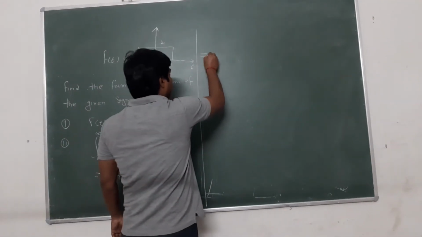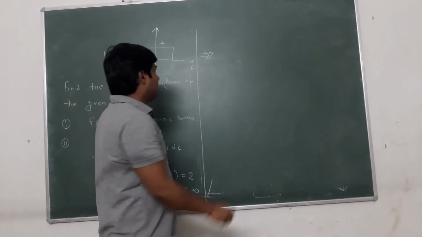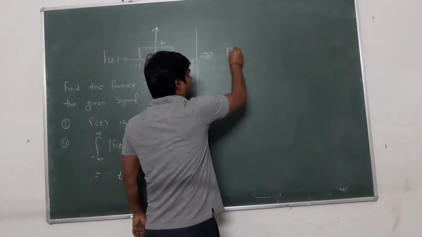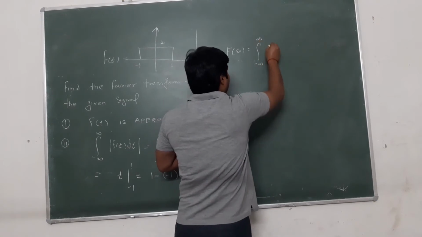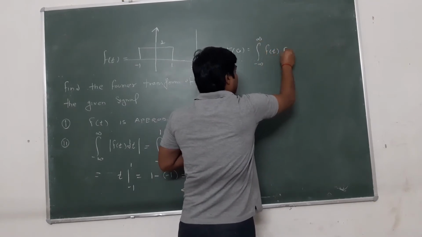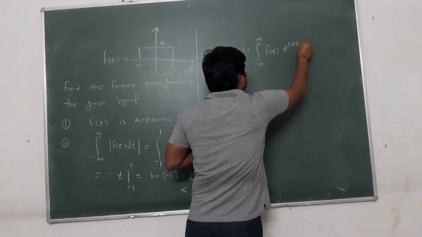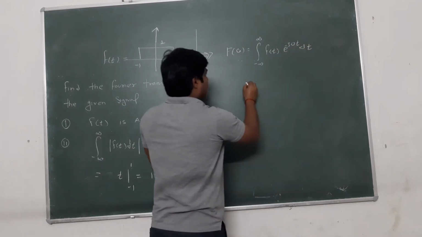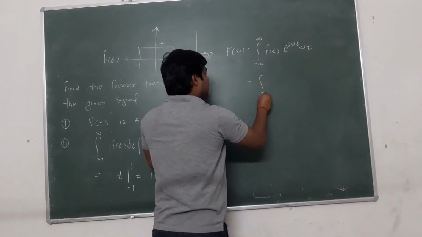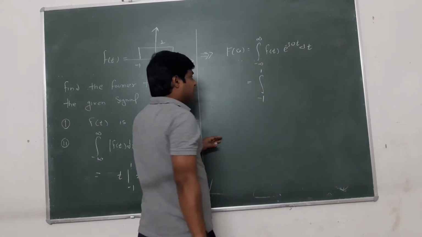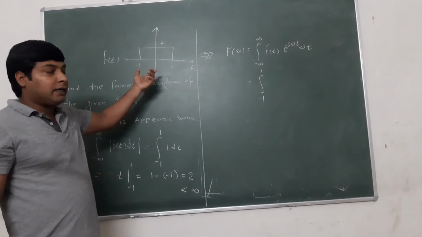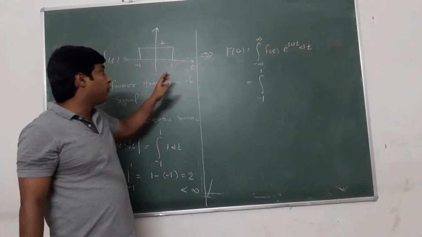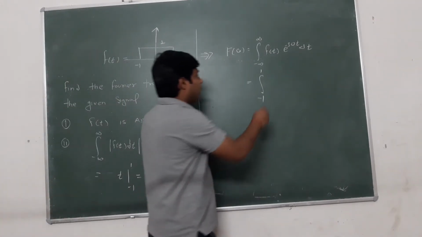Now what is the Fourier transform of the given signal? F(omega) is equal to the integral from minus infinity to infinity of f(t) e to the power minus j omega t dt. The limits once again will change to minus 1 to 1 because the signal exists only in this duration. And what is the amplitude during this duration? 1.